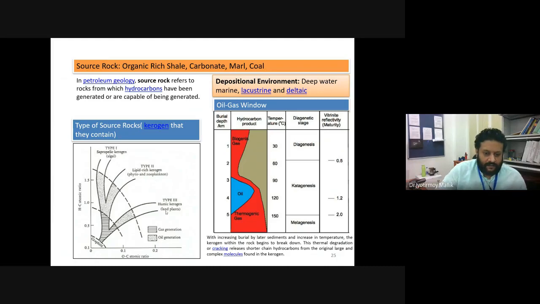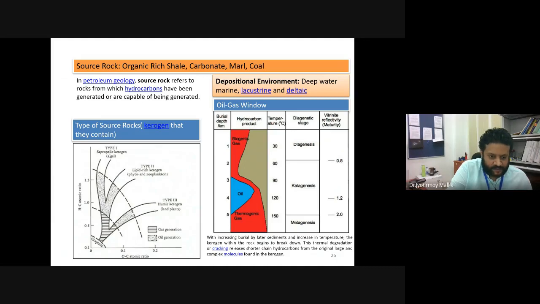Okay. Now, what we observe here essentially is that with increase in hydrogen to carbon ratio, the potential of oil generation is enhanced. Okay? So what it means is, if your total organic carbon is rich in sapropelic kerogen, then you will probably generate more oil than gas.